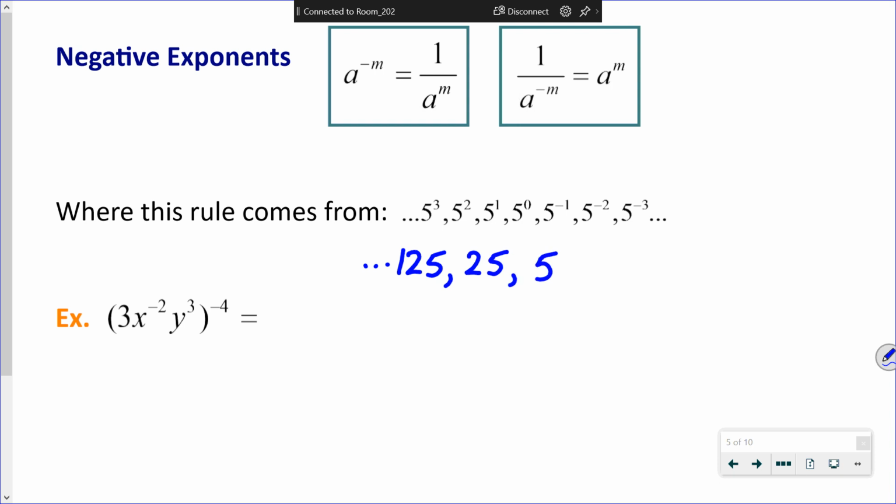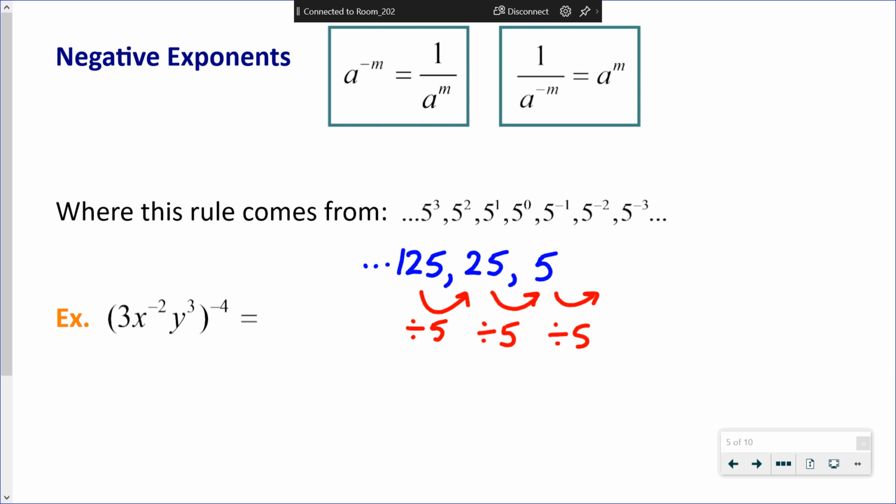And if you notice what's been happening so far, as you go from number to number down this number line, as the exponents decrease by 1, you can actually think about it as division by 5, right? If I go this way to get to the next number, I have divided by 5. And again, if I go this way to get to the next number, I have divided by 5. If we continue this pattern, as the exponents continue to decrease, the next thing that we should do is divide by 5.